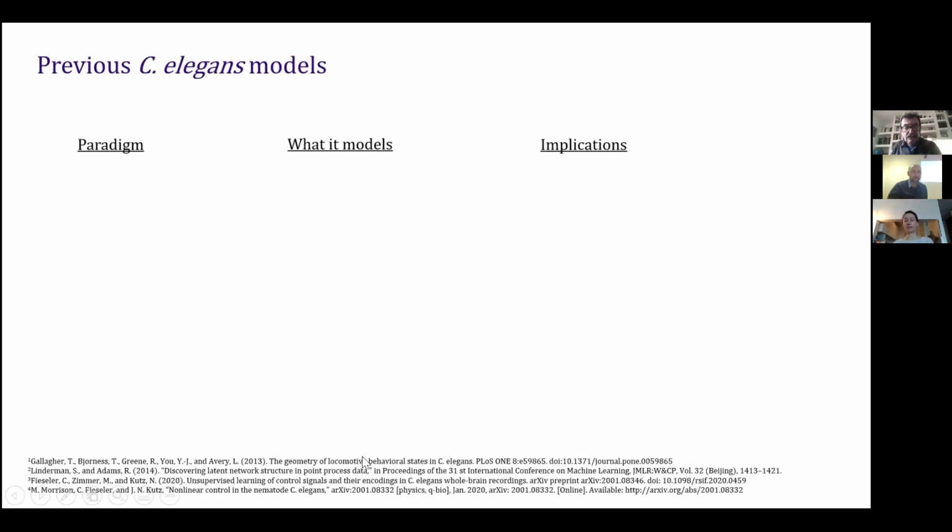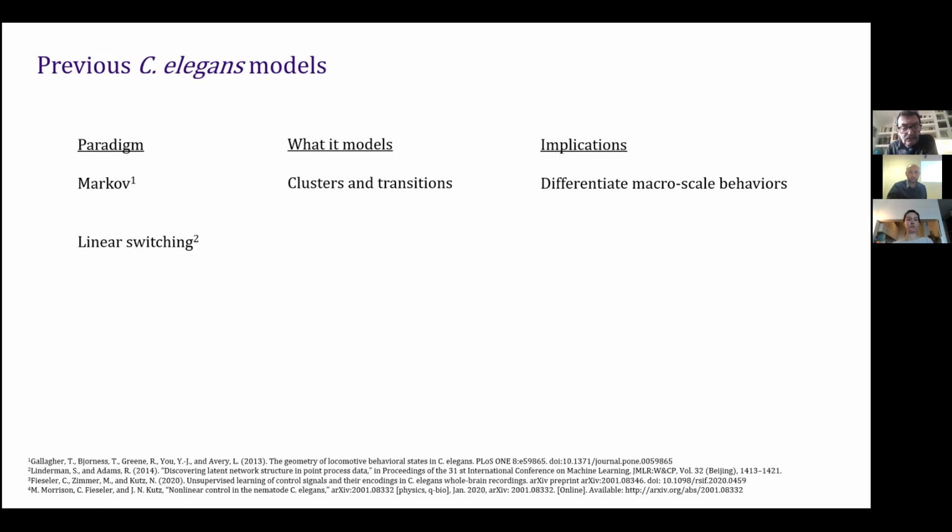So here are some previous C. elegans models. There's this Markov model that modeled clusters and transitions between different macro scale behaviors. This isn't looking at neural dynamics, this is just looking at the behavior and how the C. elegans transitions between behaviors over time or given different environments. Then there's linear switching, which looks at the local linear dynamics of the neural activity.